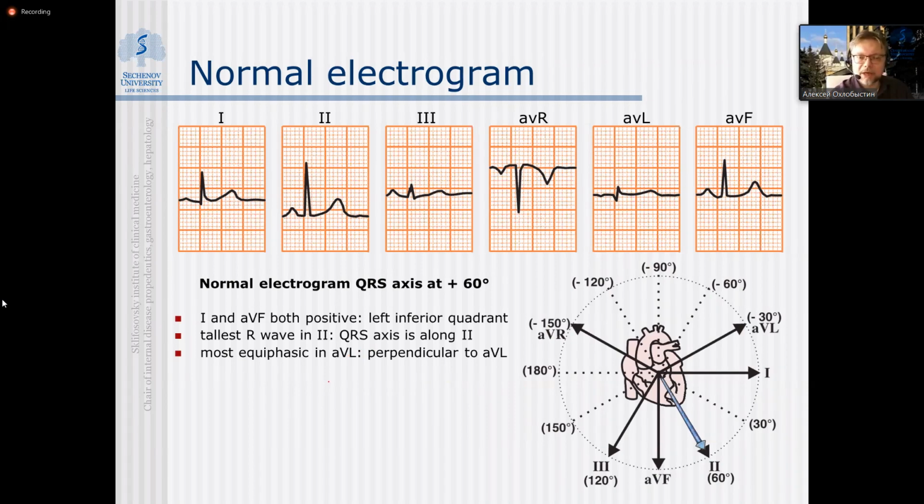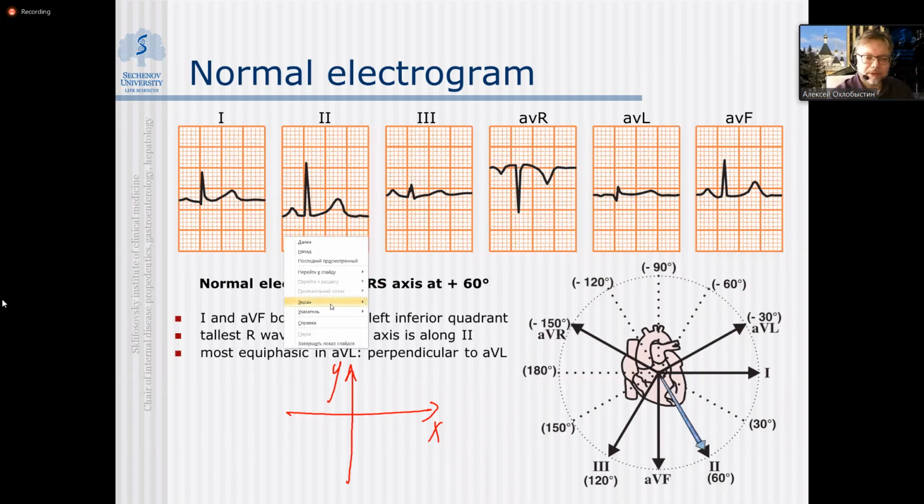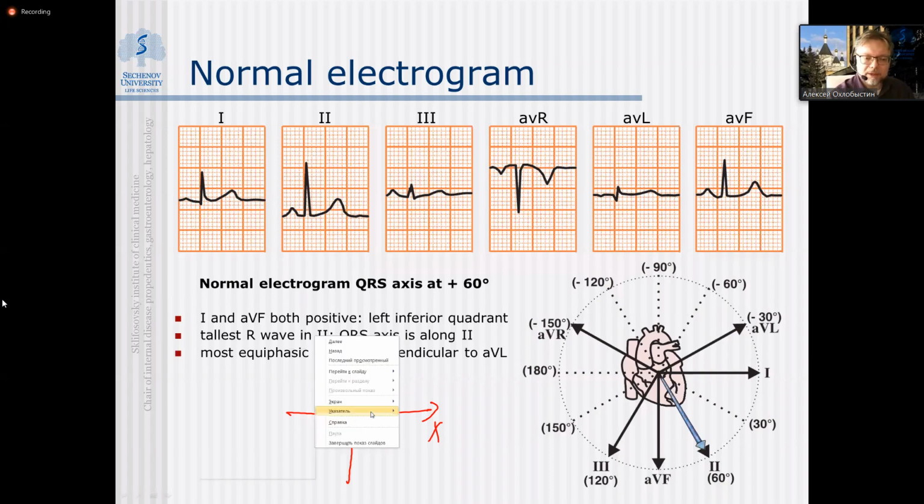How will it look practically? First, you may use the rule of quadrants. Again, to find out where to look, we need to remember our classes in secondary school for geometrics: y, x lines, and in our case, instead of the y line, there will be the first standard lead and AVF.